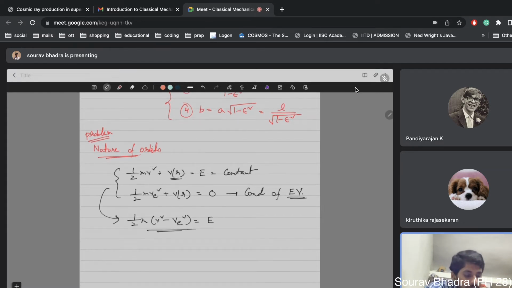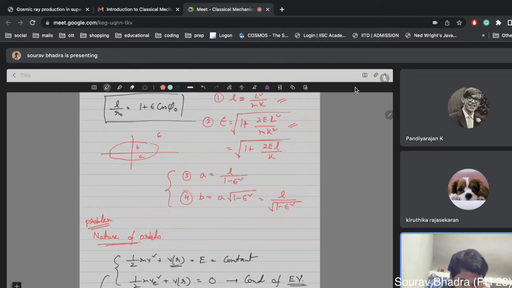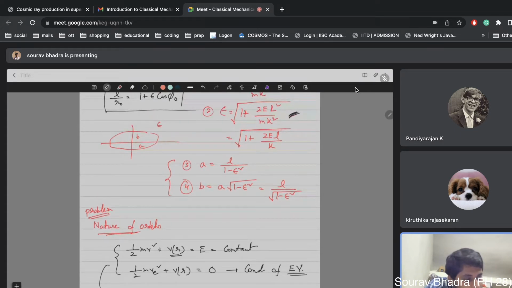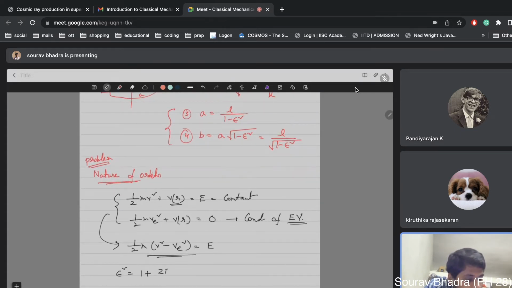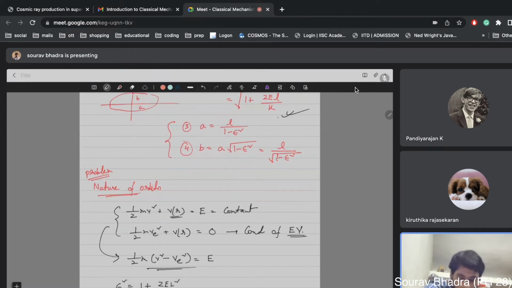Now our eccentricity of the particle which has been thrown, it is 1 plus, that's why I asked you to remember all these things. Now we will use this particular expression, where eccentricity squared is actually 1 plus 2E capital L squared by m k squared.